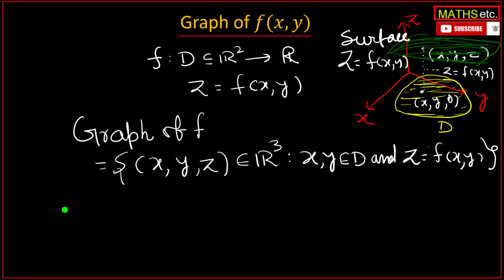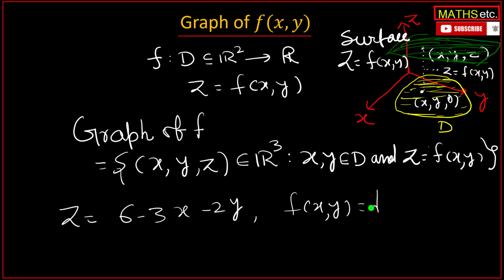So all these are examples of surfaces. Say z equals 6 minus 3x minus 2y. This is of the form z is a function of x comma y. So this is a surface. Or say f(x, y) equals square root of 9 minus x square minus y square.